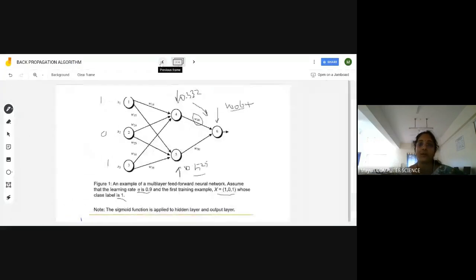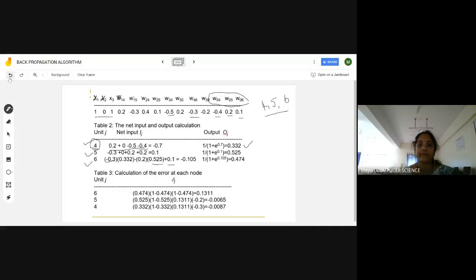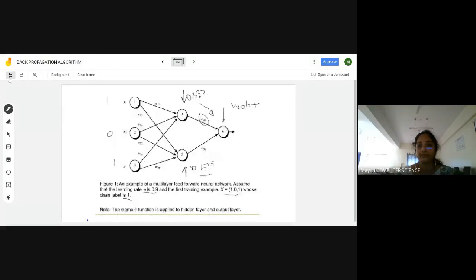Let me copy that value also here. What is the value here? 0.474. So this is the actual output value.